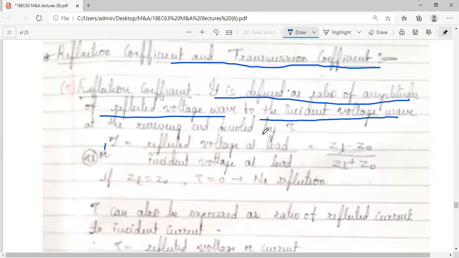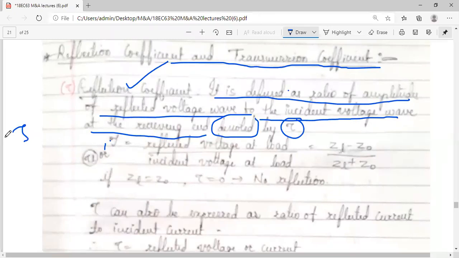So reflected by incident at the receiving end is known as reflection coefficient. We denote it with the symbol tau. In signals we have used tau as time in case of convolution. Remember, here tau is the reflection coefficient of the transmission line.